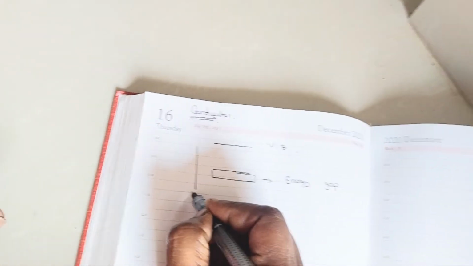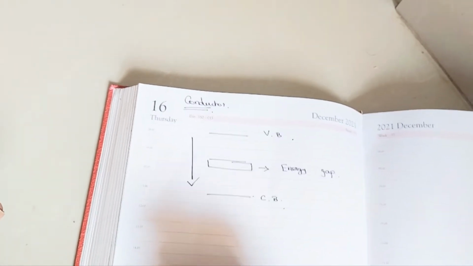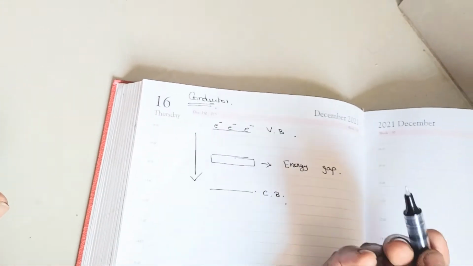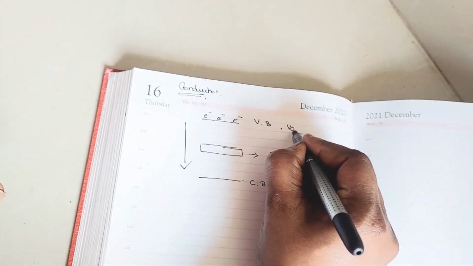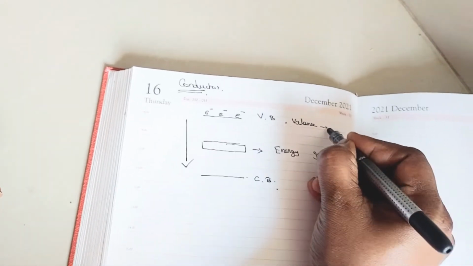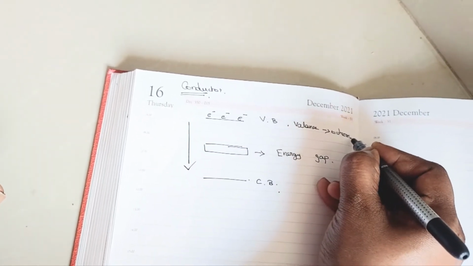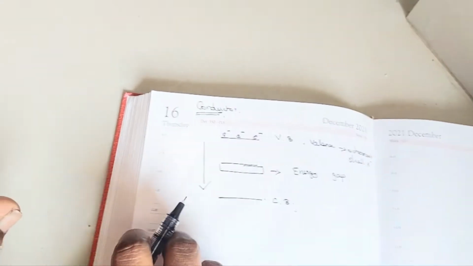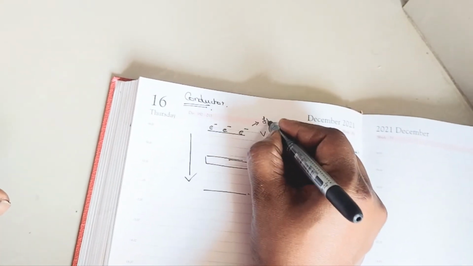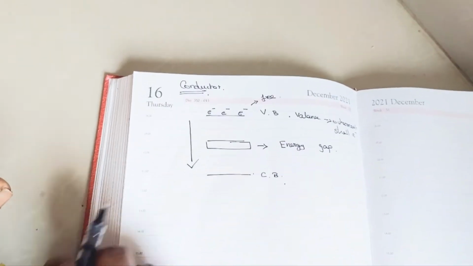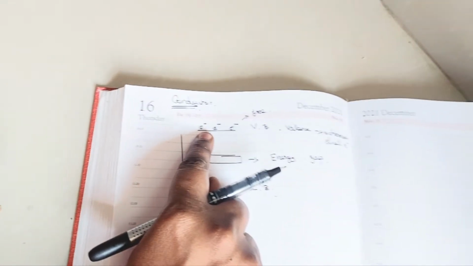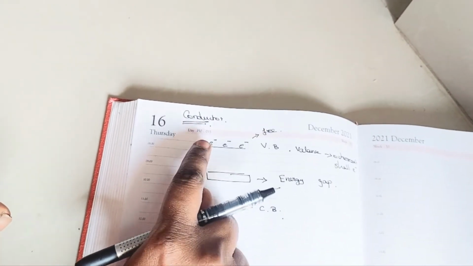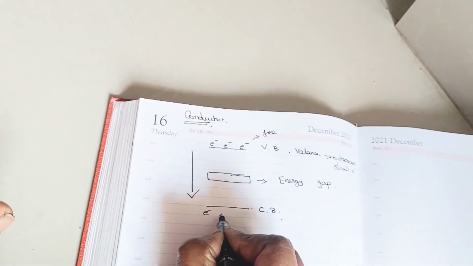What are these electrons called? Valence electrons. Valence means outermost shell electrons, or what we can call free electrons. Once the electrons get energy, in a conductor, they move from the valence band to the conduction band.